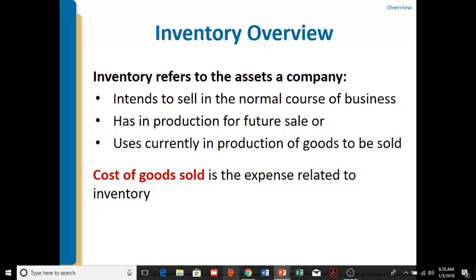And so it's things that the company uses to create revenues. So for example, they have Hewlett Packard. Hewlett Packard makes computers primarily.